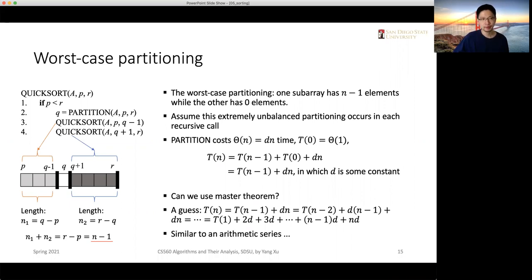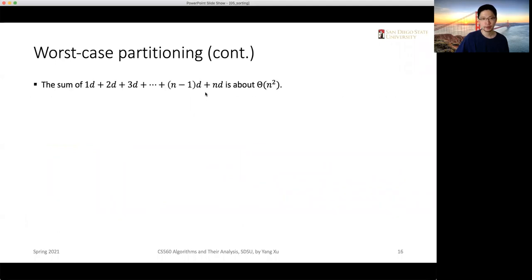And in this case, because we only have one branch, the recursion tree that we draw will not be very different from this formula that we write down in this one line of the equation. All right. So anyway, we can have a guess, right? We don't know yet whether this is true, but we can assume that the solution is a quadratic function, because the summation of an arithmetic series is always a quadratic function.